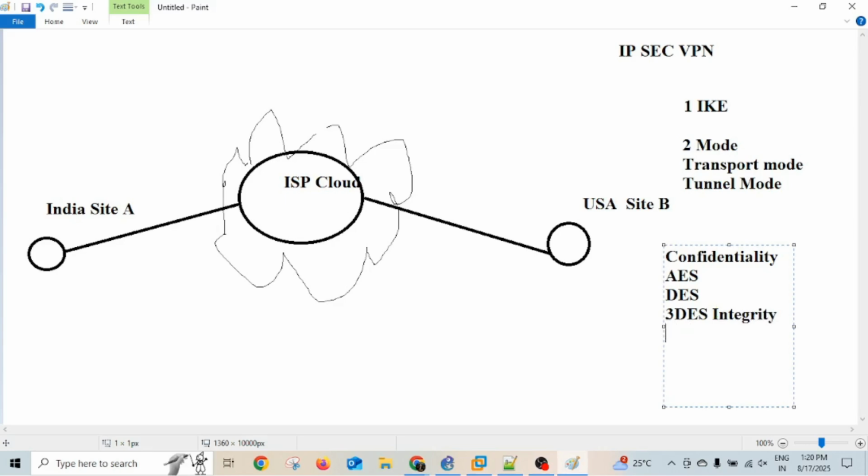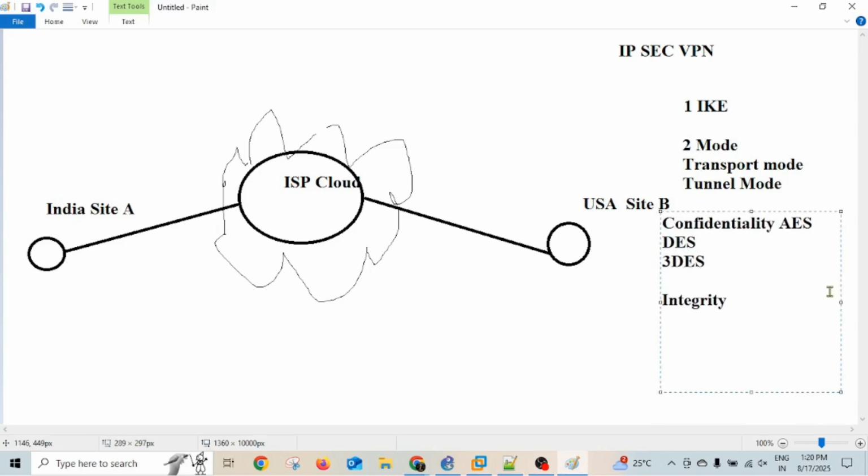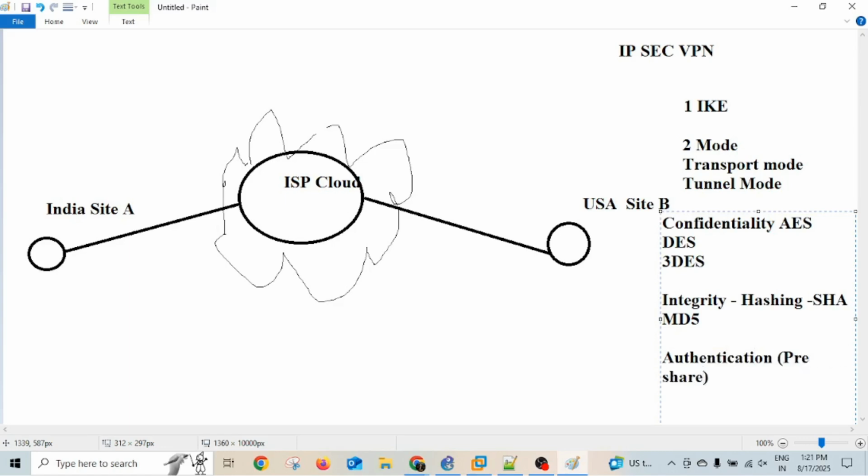Integrity will be hashing, SHA and MD5. Authentication will be pre-shared key or RSA.